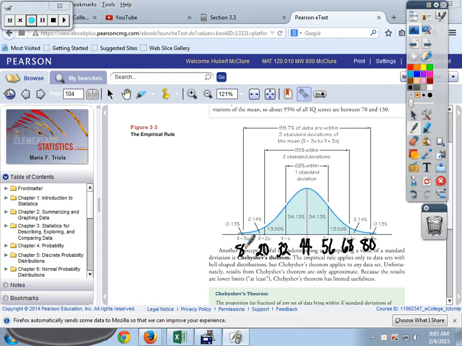Let's say these are ages of people taking probability and statistics. What's normal? Normal would be between the ages of what? 20 and 68. Unusual would be between 68 and 80, and 8 years old and 20 years old would be unusual.